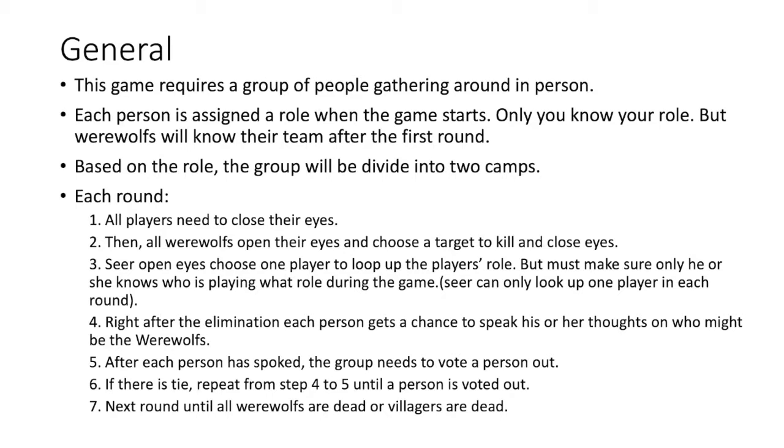The next step, right after the elimination, each person gets a chance to speak his or her thoughts on who might be the werewolves. The next step is, after each person has spoken, the group needs to vote a person out. And if it's a tie, then repeat from step 4 to step 5 until a person is voted out.